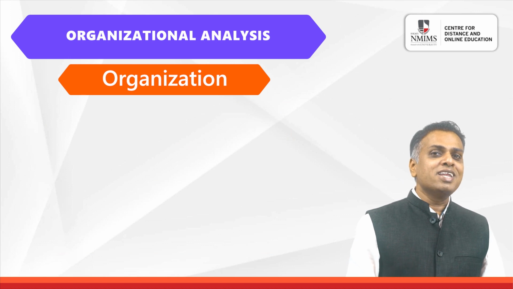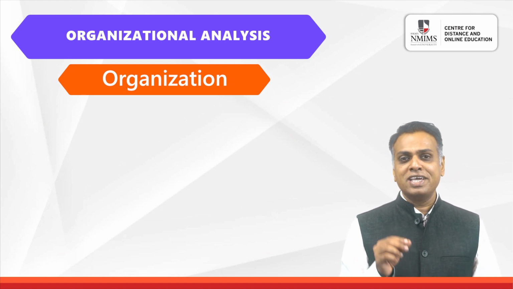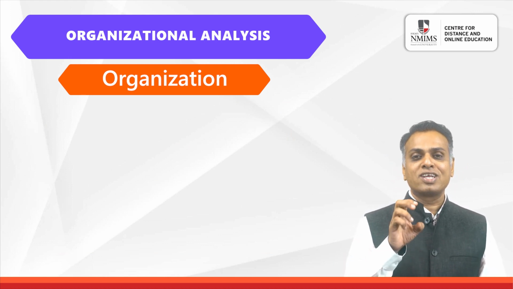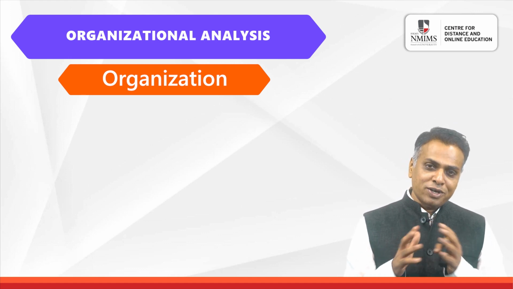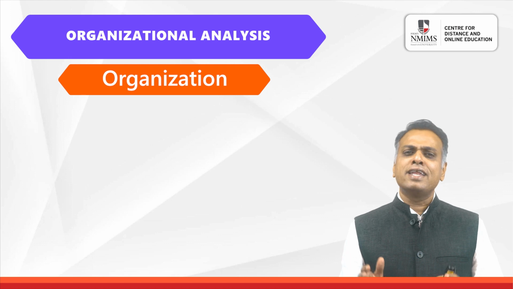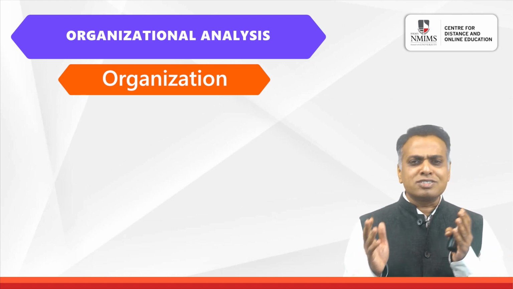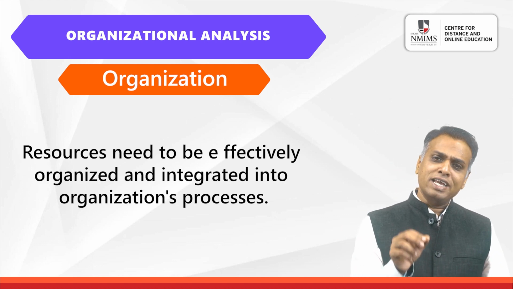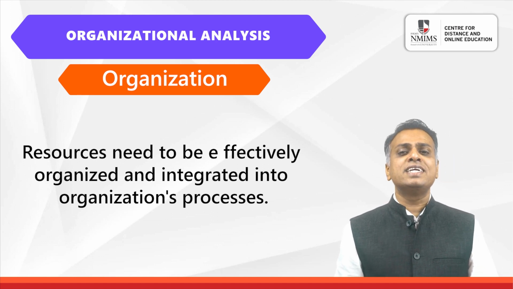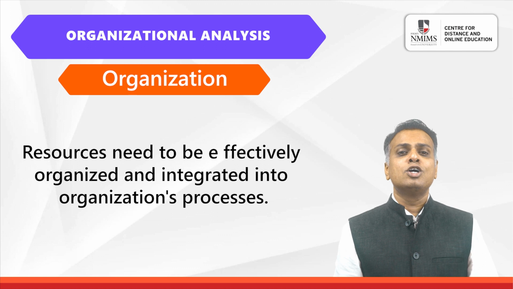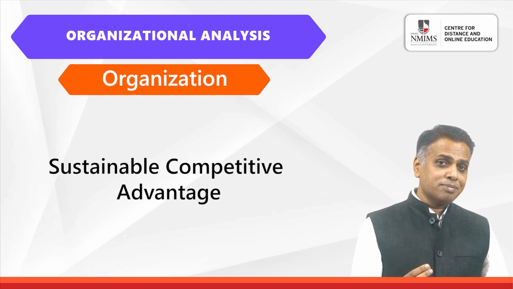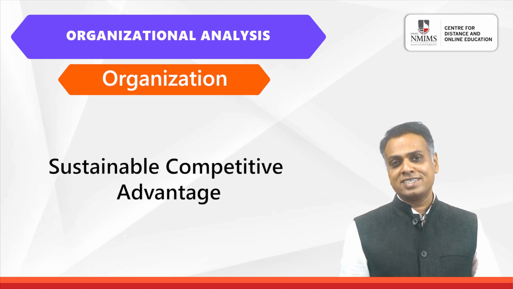Now we move on to the last letter in the VRIO framework, which is organization. Finally, even if you have valuable, rare and hard to imitate resources, they need to be effectively organized and integrated into your organization's processes to generate sustainable competitive advantage.